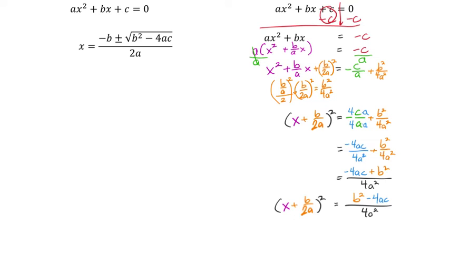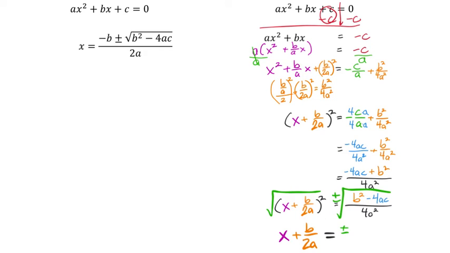Because at this point, to solve for x, what I would need to do is square root both sides of the equation, and that gets rid of our x squared. But by doing that, it also gives us the positive and negative solutions. So what am I left with? Well, I've got my x plus b over 2a, and the numerator and denominator there with this square root, and again, plus or minus tells us there's going to be two solutions.